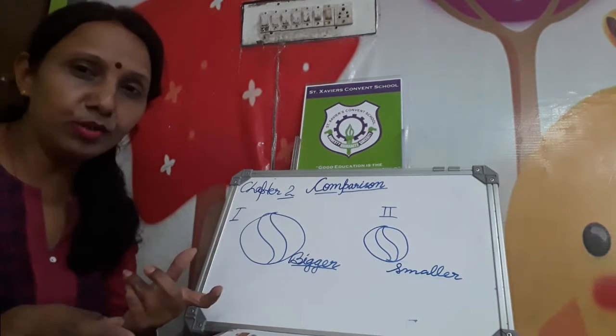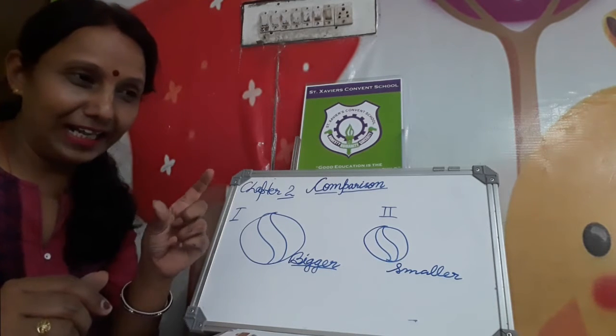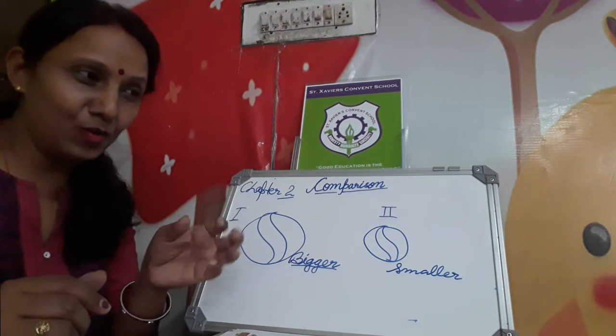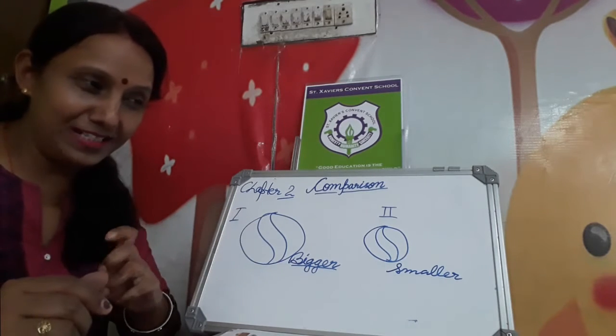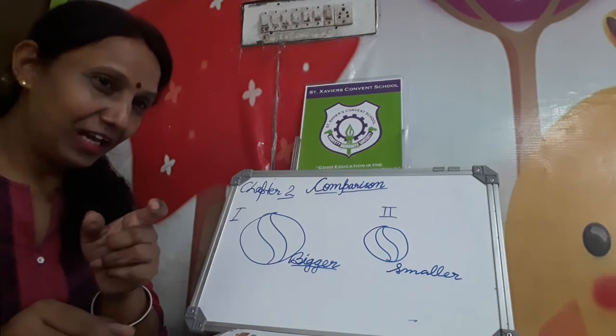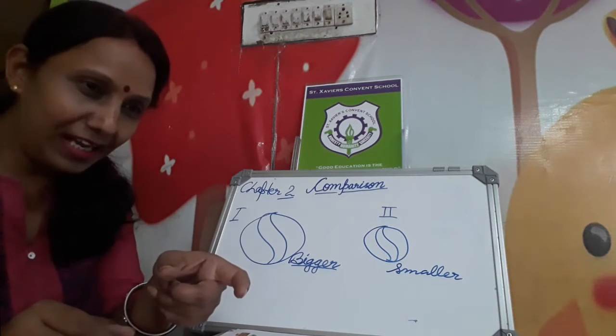No, this ice cream is the bigger one and this one is the smaller one. So you can compare that. No, mama, this chocolate is for me, that one is the bigger one; the smaller one I'll eat later, or just give it to someone else.